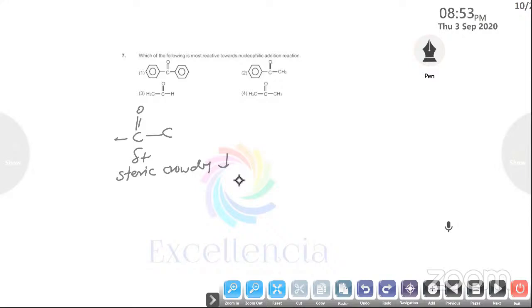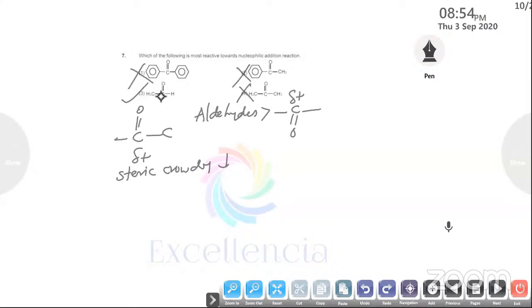You know, aldehydes are more reactive than ketones for this, as ketones have less positive charge on the carbon and more steric crowding also. So you can straightforwardly eliminate these two options, as these two are ketones. Next, even this one is also a ketone. So the only aldehyde that we have is acetaldehyde.